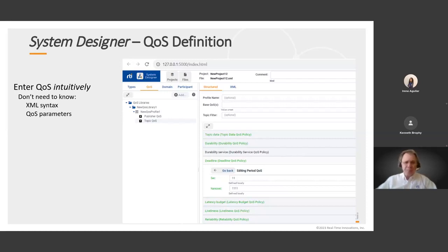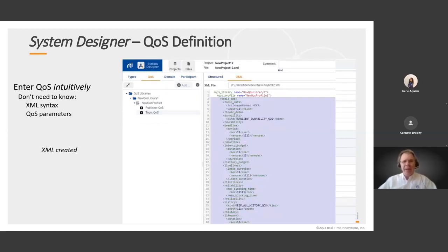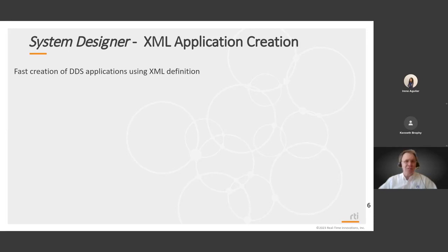None of that. It's done for you, and it comes up like this. The XML file is created for you and is ready to use through this tool. It just makes creating these files a lot easier without any syntactical problems. It's just a little more intuitive, makes life a little easier.